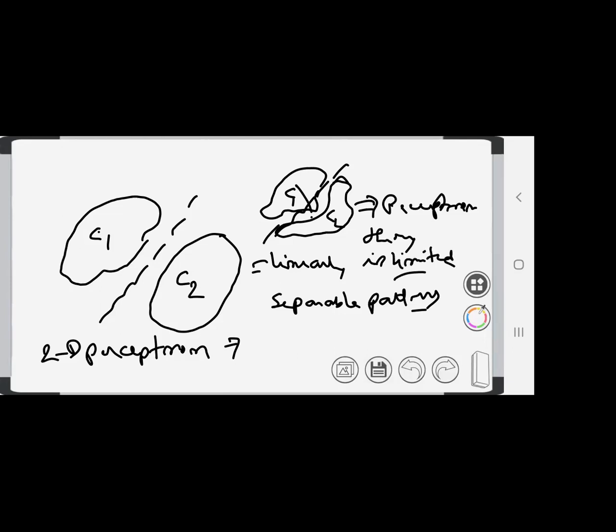Okay, so for the perceptron convergence theorem, the first thing we have to consider is that the two classes are linearly separable. Suppose the inputs of the perceptron originate from two linearly separable classes, and let H1 be the subspace of the training vectors. Let us consider two types of vectors.